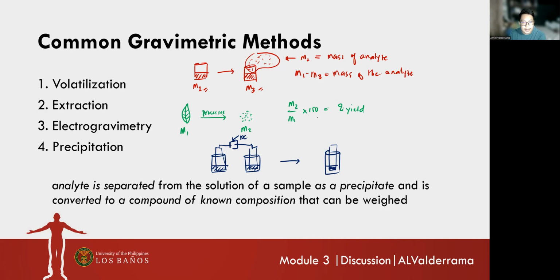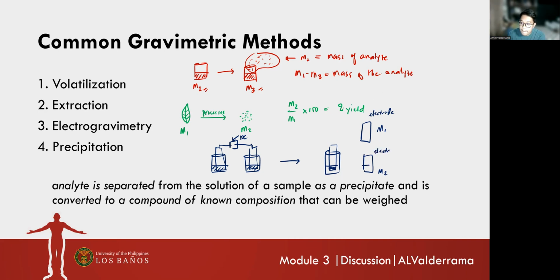How do we get the mass of the electrodeposited metals on your electrodes? First, we get the mass of your electrode before submerging it in your solution, and we get the mass of the electrode after the electrodeposition.